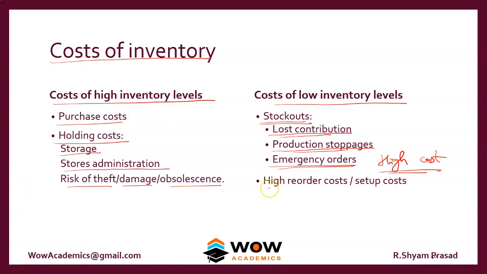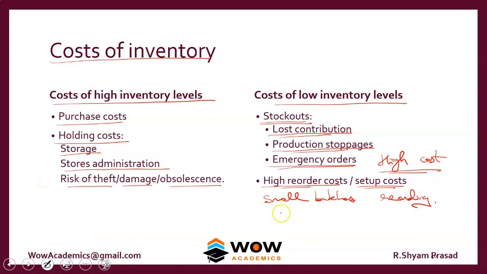If you have low levels of inventory, that will lead to high reorder costs and high setup cost. High reorder costs arise if you buy in small batches, because we have to do a lot of reordering, which increases the cost.